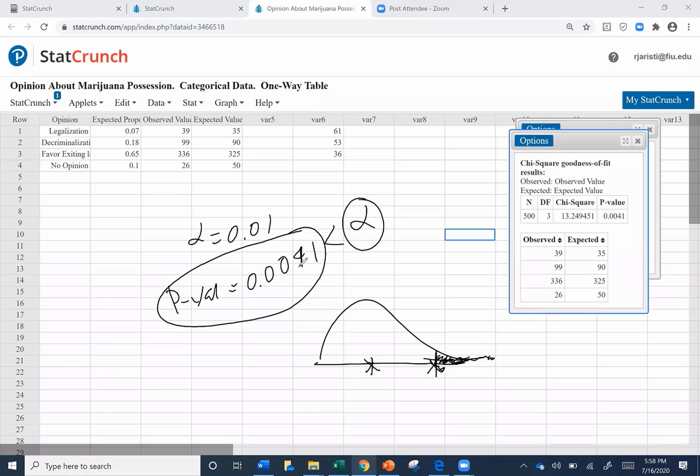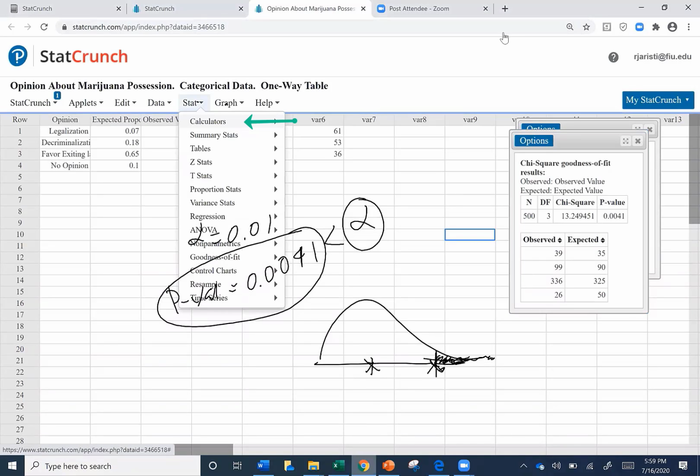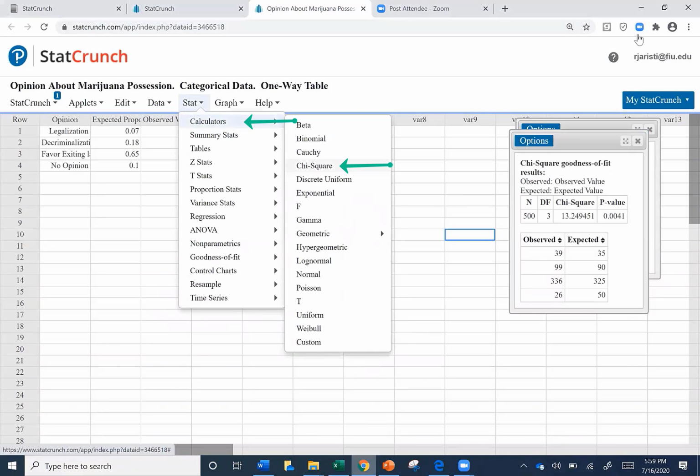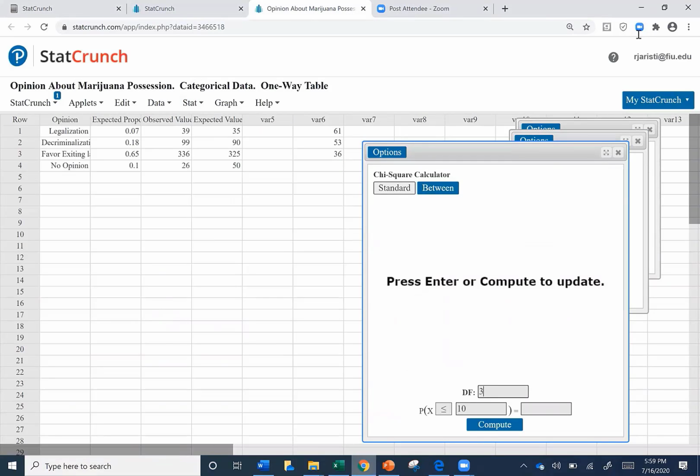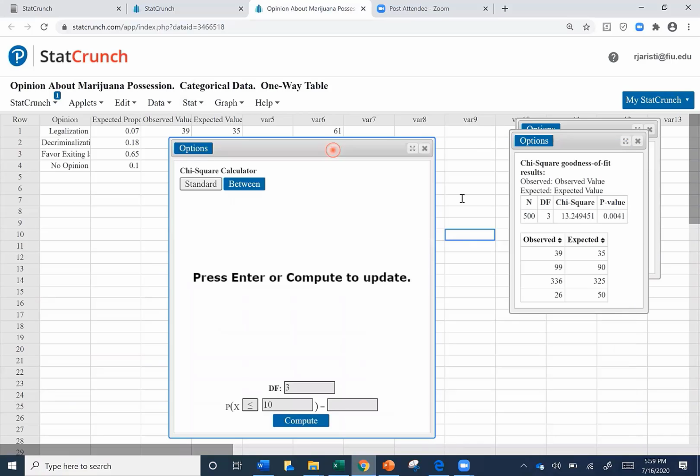I will show you how to obtain this using StatCrunch or the table. In StatCrunch, you can go to Stat, Calculators, select chi-square. We need to input the degrees of freedom and the value. What exactly is my test statistic?